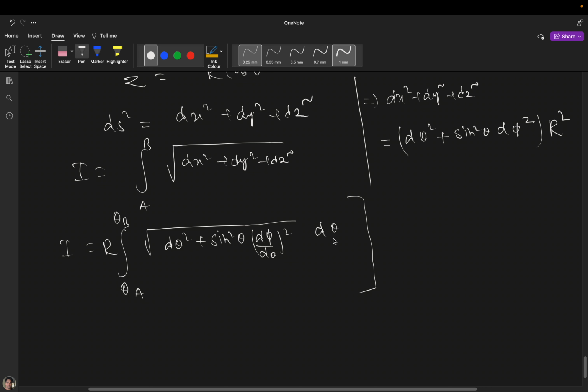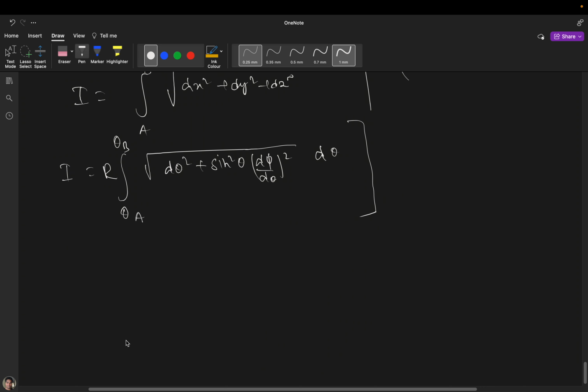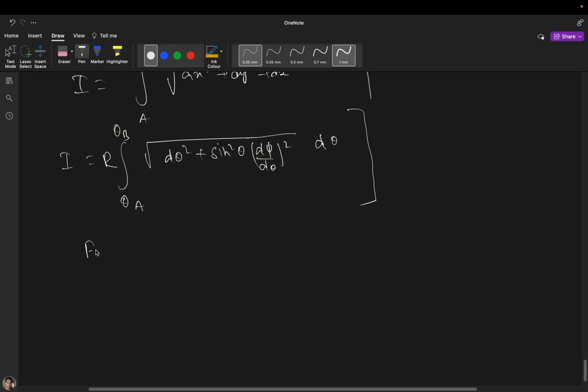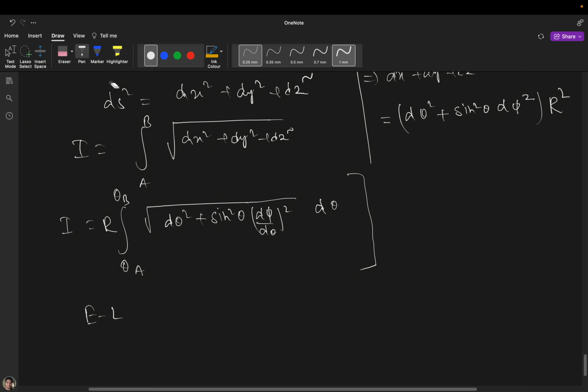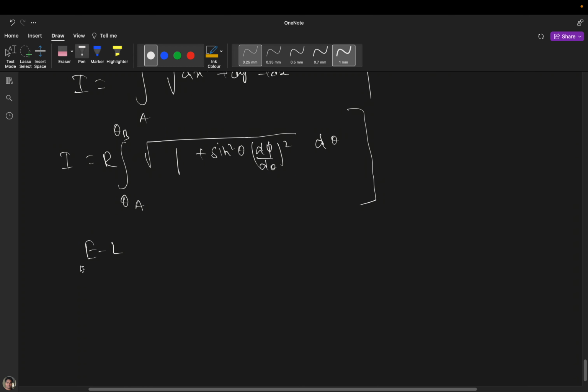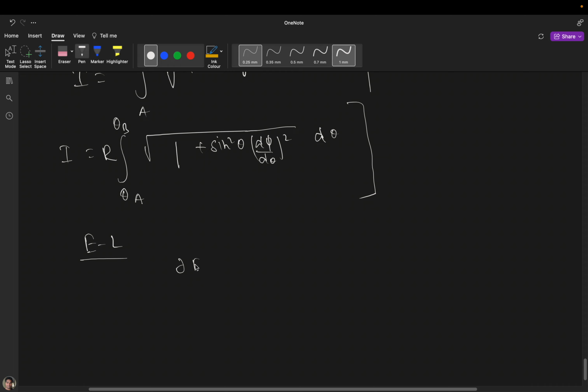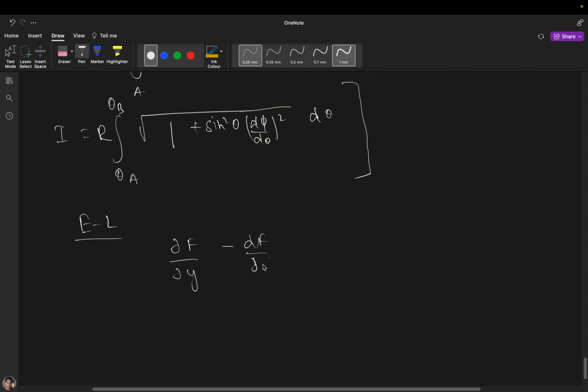Okay, so now I will directly apply the Euler-Lagrange equation, that is del f by del y minus d by dx of del f by del y dash equal to 0.